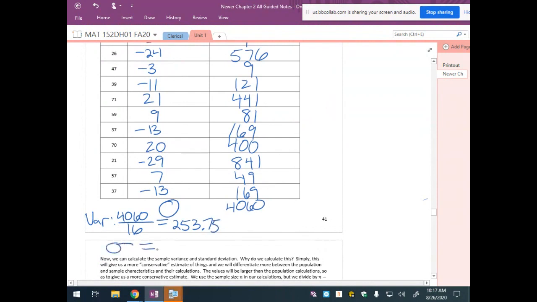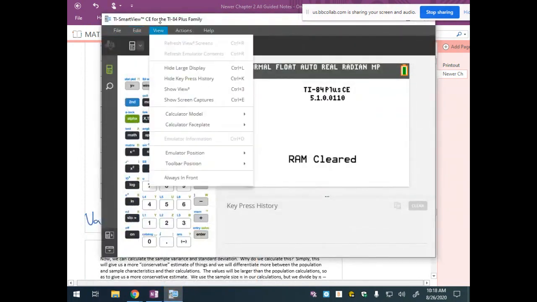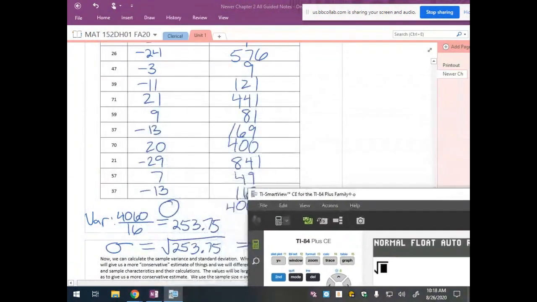Now the standard deviation is the easy part. All we have to do there is take the square root of that variance. So the square root of 253.75, we can round that, and I will tell you clearly how many places I want. Let's just do it to 3 places.